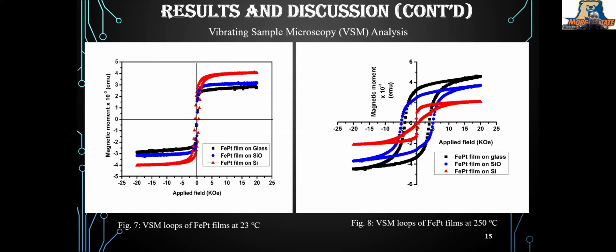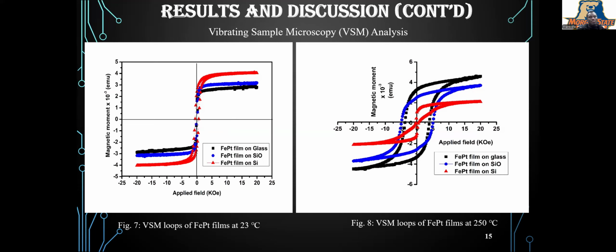Now, the vibrating sample magnetometer shows the relationship between magnetic moment and the applied field. We subjected the material to an applied field of negative 20 kilo-oersted to positive 20 kilo-oersted. And at room temperature, the films exhibit similar properties.